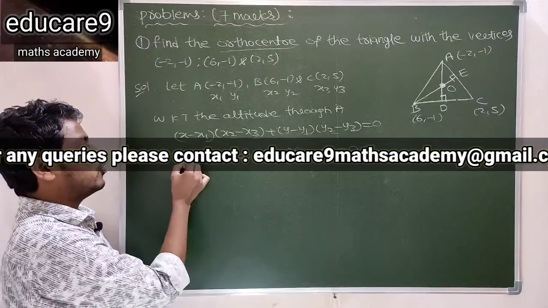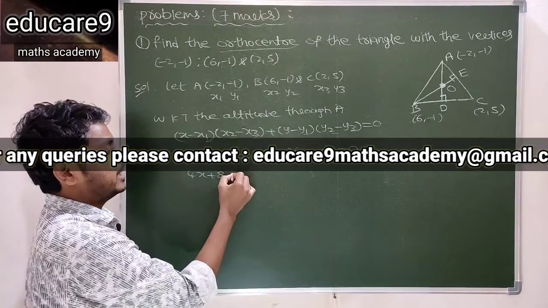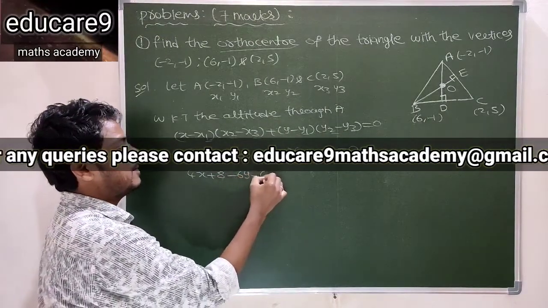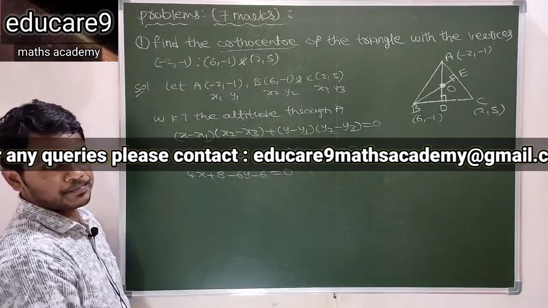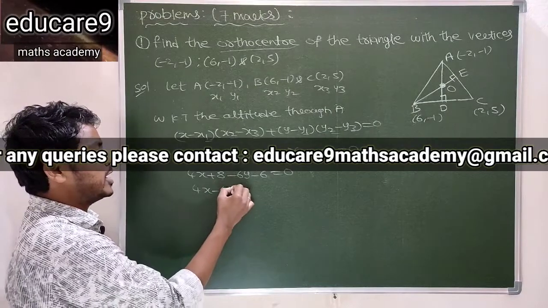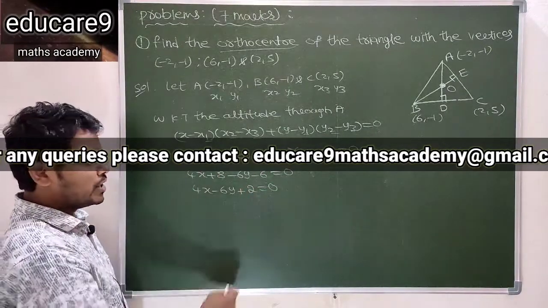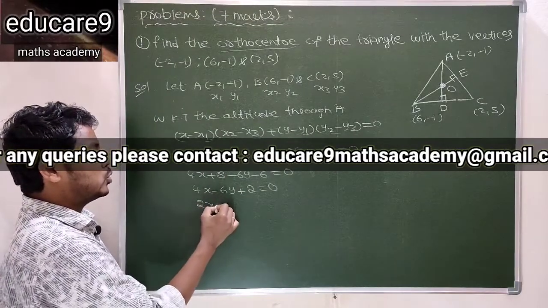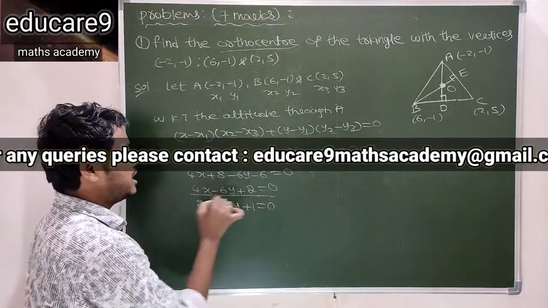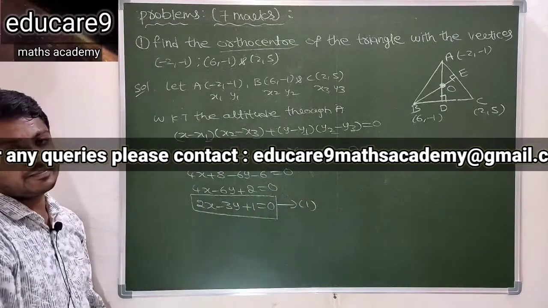Now this is 4 into this, 4x plus 8, and minus 6 into y, minus 6y, minus 6, equal to 0. Now what you get: 4x minus 6y plus 2 equals 0. So 2 is common, you will get 2x minus 3y plus 1 equals 0. So this is the altitude through A equation.